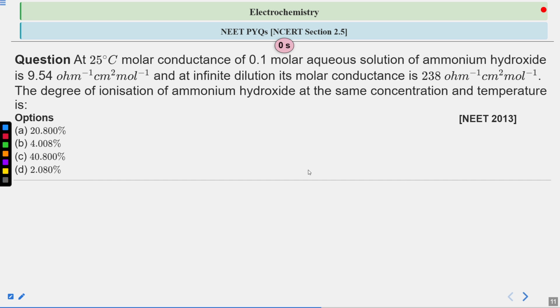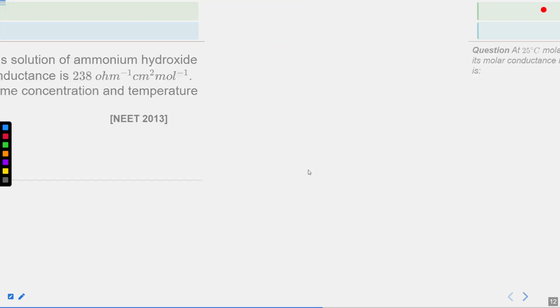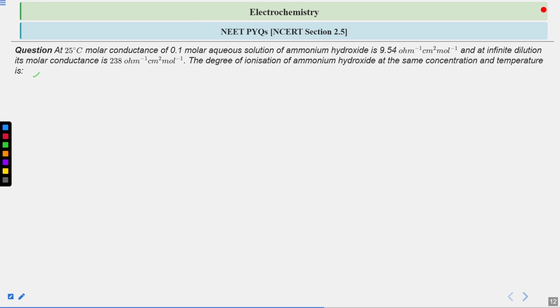Okay, so let's see. For this given question, the correct answer is option B, which is 4.008%.